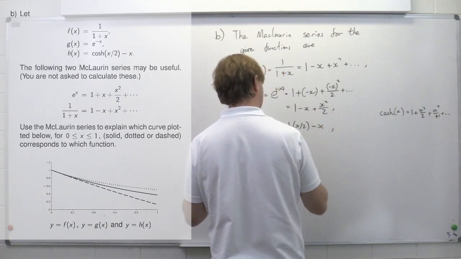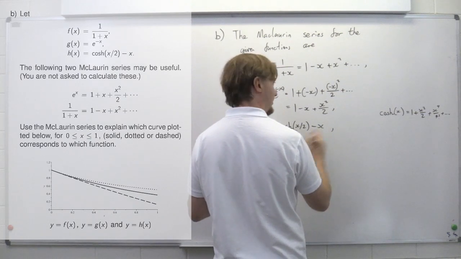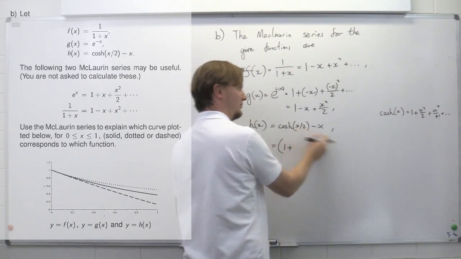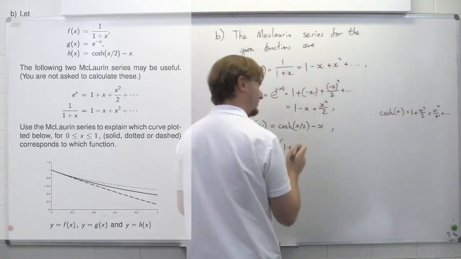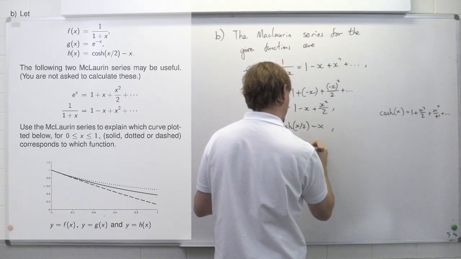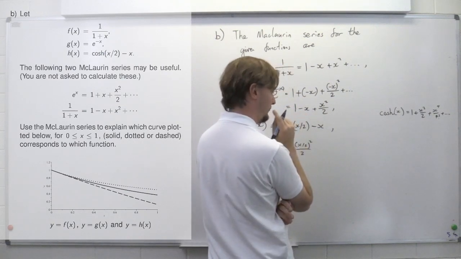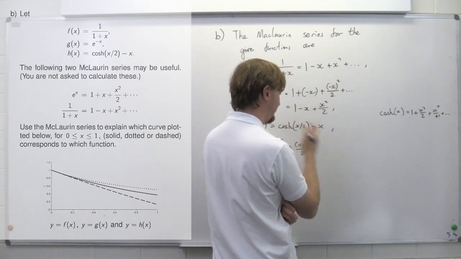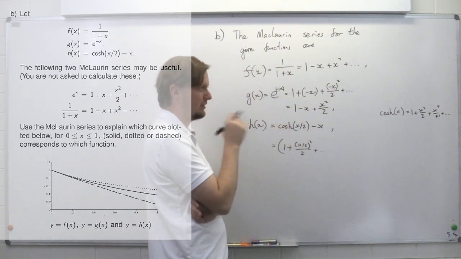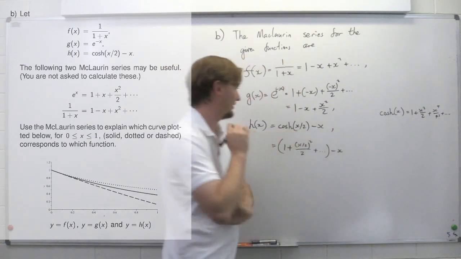Now we are told that the Maclaurin series for this is just 1 plus, well, this is an x on 2, so I'm just going to take this x on 2 and put it wherever I see an x here. It's going to be 1 plus x over 2 squared over 2, and there is a fourth order term here, but looking at what they're giving me, I don't really need that. So I'm not going to write it. You can write it down, but I'm not going to need it. And I'm going to subtract off x.